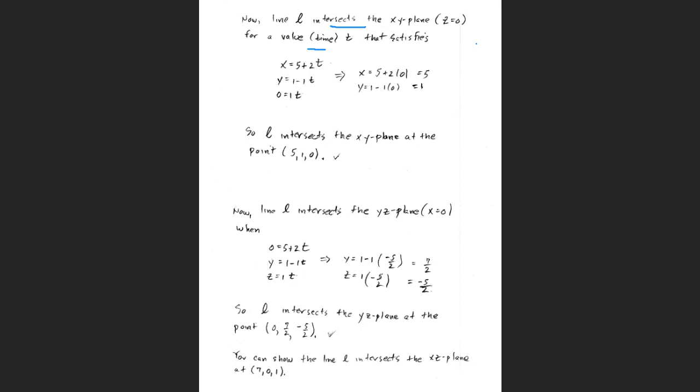But the third parametric equation, z equals 1 times t, has to have z equal 0. So this means t is 0, and we figure out that x is 5 and y equals 1. So this line L intersects the xy plane at the point 5, 1, 0. That has to be where the intersection is.